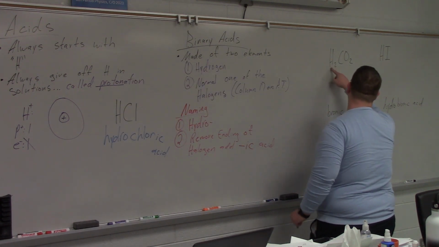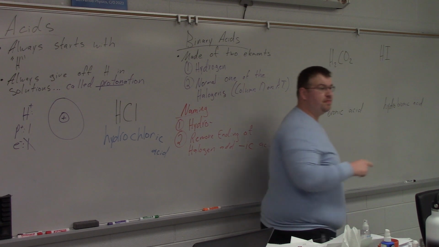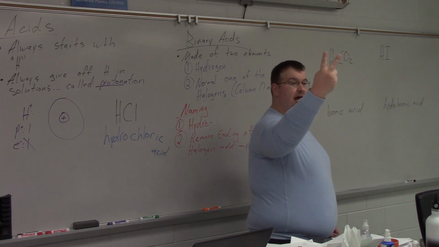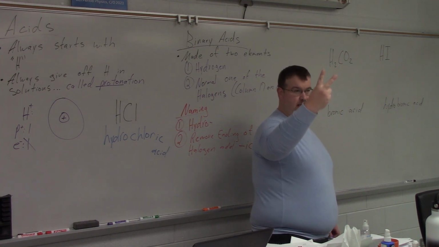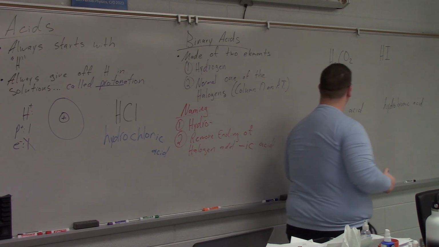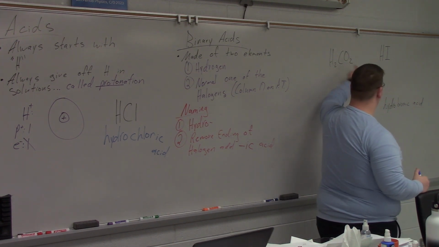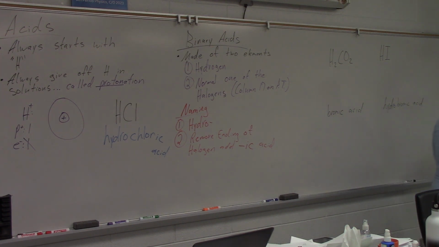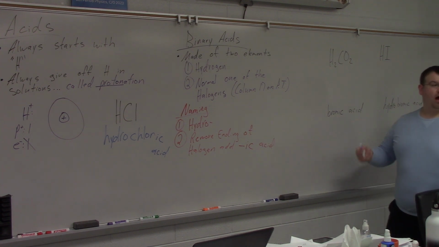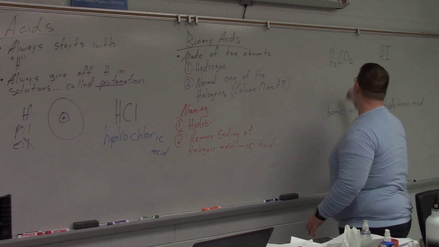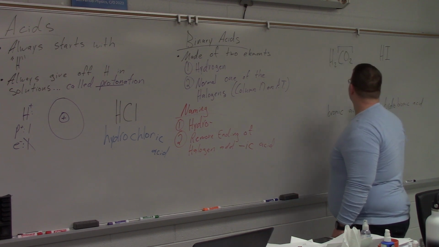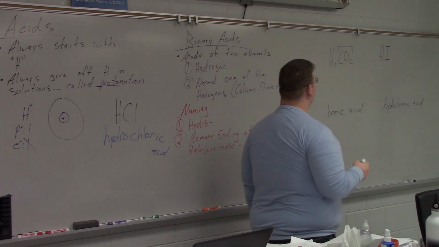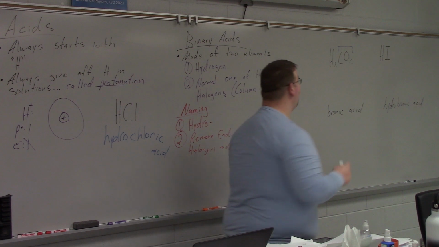So I have hydrogen first. Hydrogen first tells me acid. But now there are 2 types of acids. So I look. How many elements do I have present? So what type of acid? Oxyacid. Since it's an oxyacid, it's based off of an oxyanion, so it's based off of a polyatomic ion. So if I look here, the H2CO2, I can work backwards.